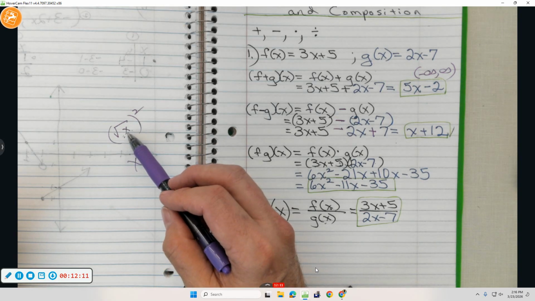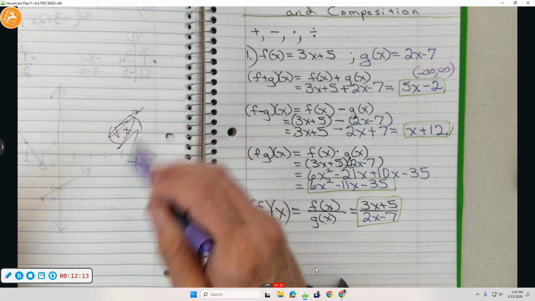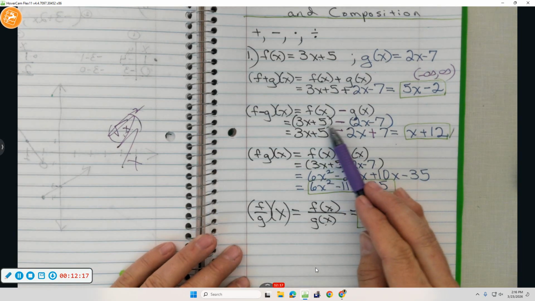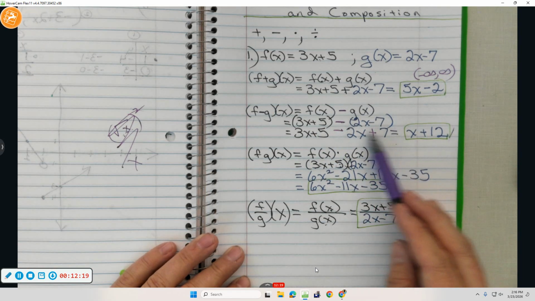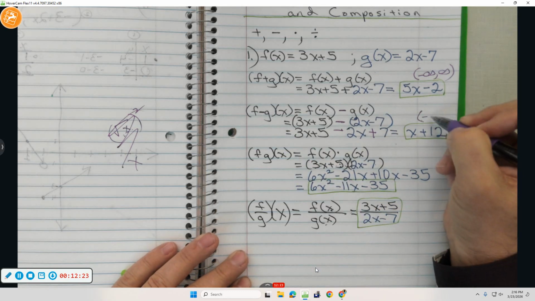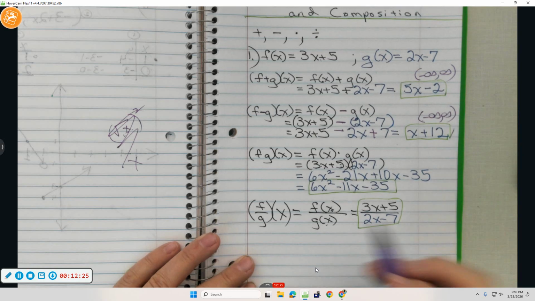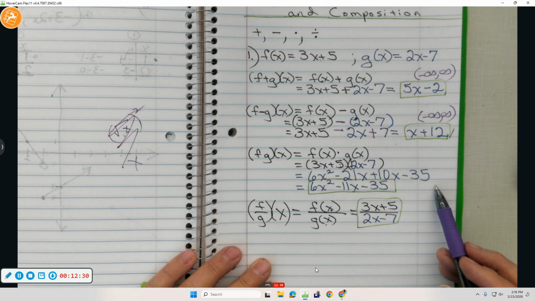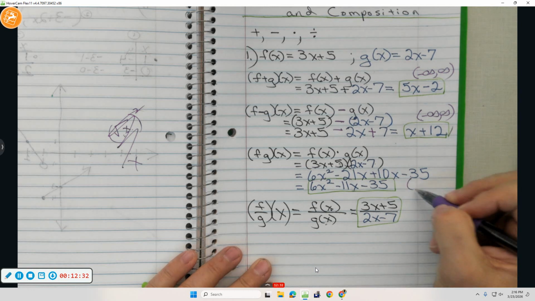You may have a square root in your work somewhere along the way, so you can't just look at the final answer. Look at here. Do you pick up any fractions, any square roots for f minus g? No, so once again, all real numbers. Any fractions or square roots along the way? No, all real numbers.